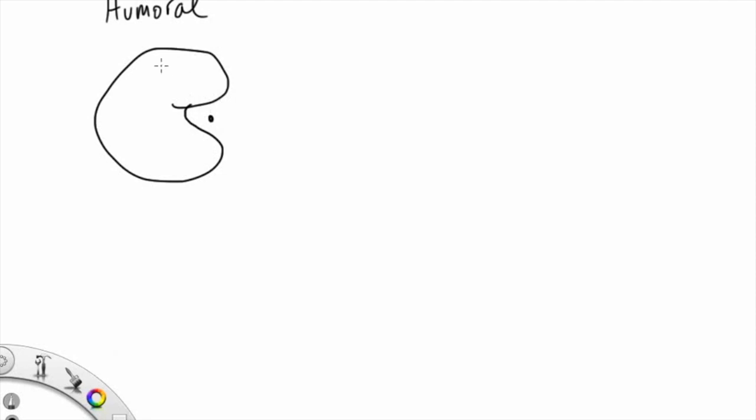A nice little, sure, it could be a macrophage, it could be a dendritic cell. Its big name is antigen-presenting cell. It takes in the bad guy. It tears him apart. And it displays, somewhere on its surface, the little antigenic determinant.